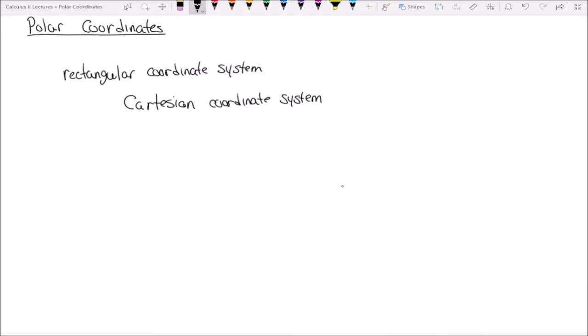In this system, we have a set of axes, x and y. Any point can be represented as the ordered pair x comma y, where x measures the distance the point is from the y-axis, and y measures the distance the point is from the x-axis.